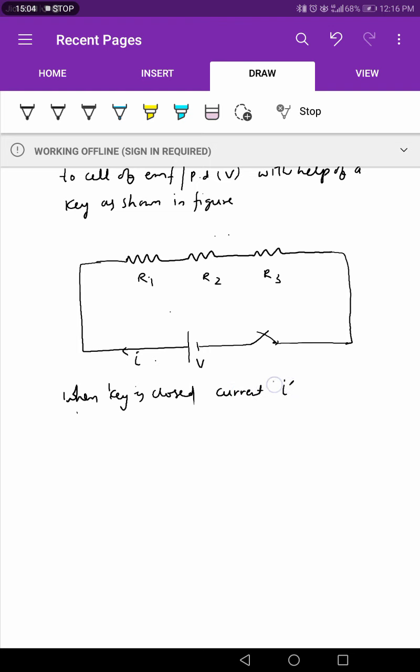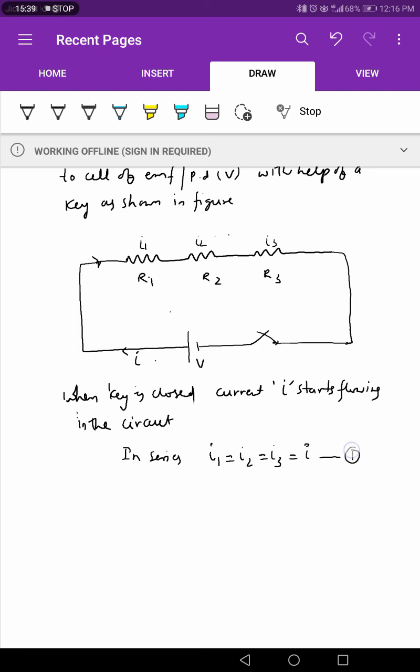Current I starts flowing in the circuit. So this is I1, I2, I3. Right. In series, I1 is equal to I2 is equal to I3, that is equal to I, equation number 1. I told you how it will be.